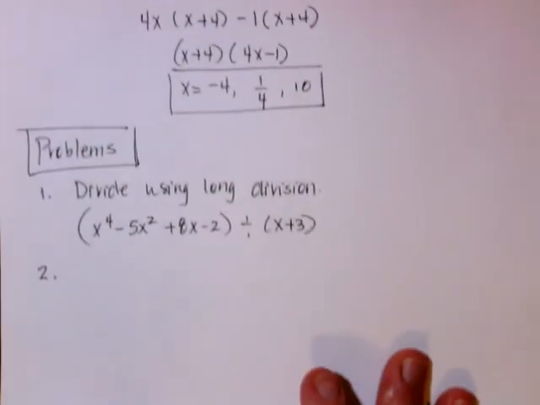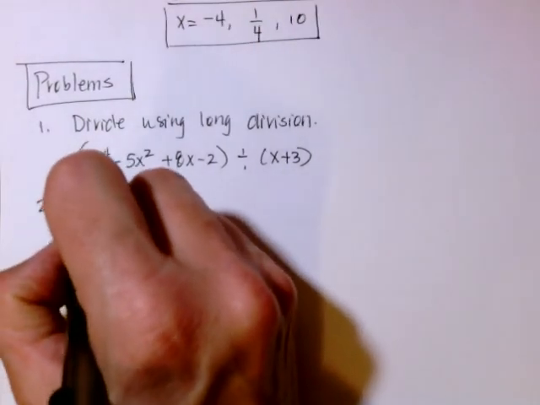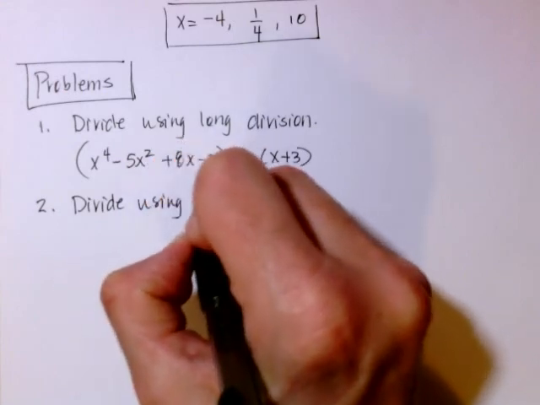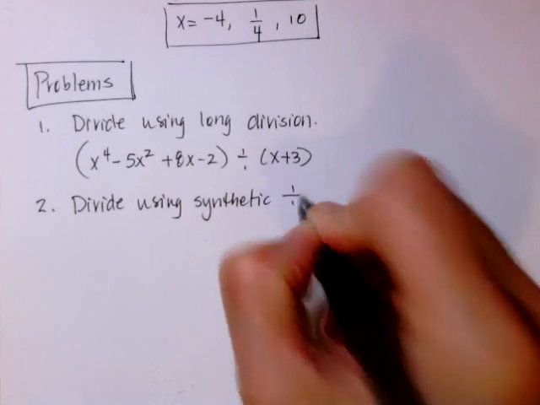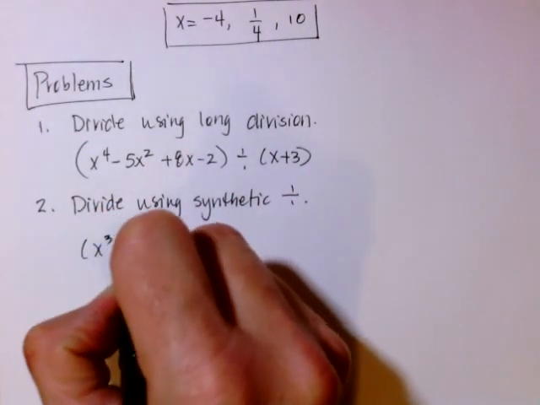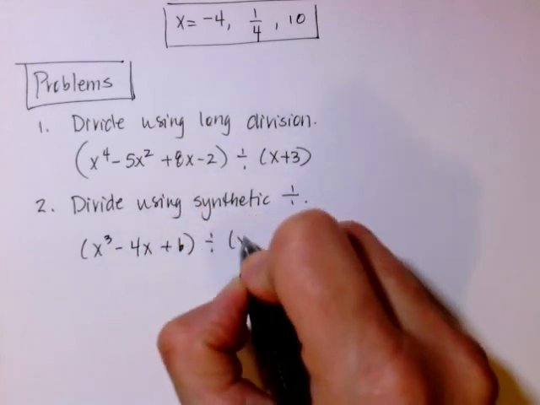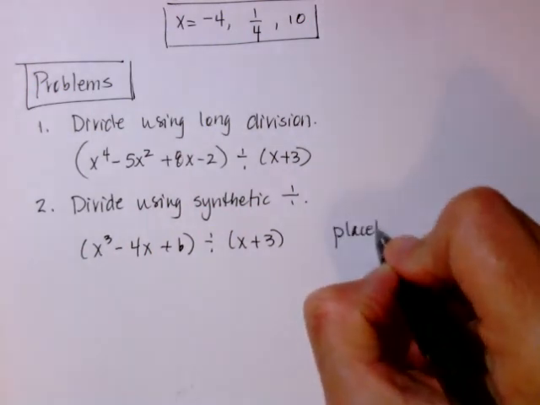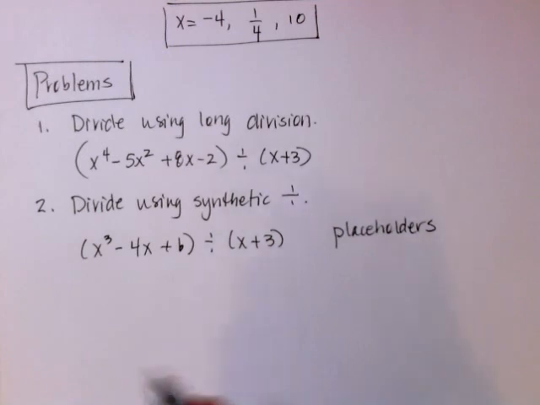Your second problem, you're going to divide using synthetic division. That one's going to be x cubed minus 4x plus 6 divided by x plus 3. Don't forget your placeholders, otherwise your answer will be incorrect.